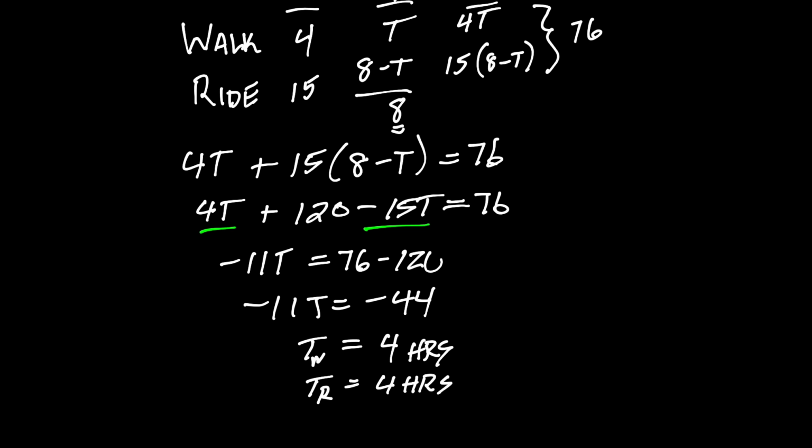And I could even find the distance that he rode. So the distance walking and the distance riding, I could figure out both. So 4 times t, that'd be 4 times 4, which would be 16. And 4 times 8 minus 4 is 4 times 15, which is 60. So those do indeed add up to 76 miles.